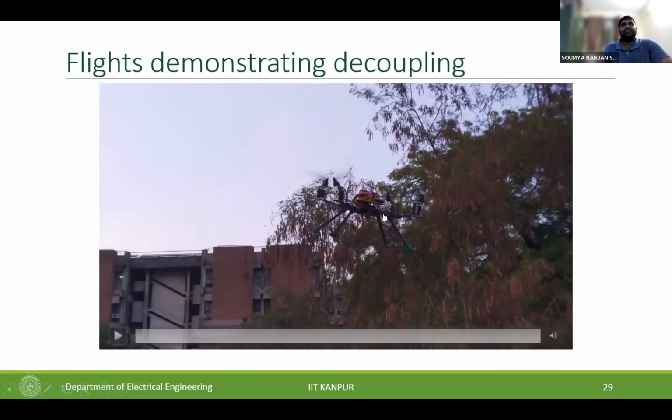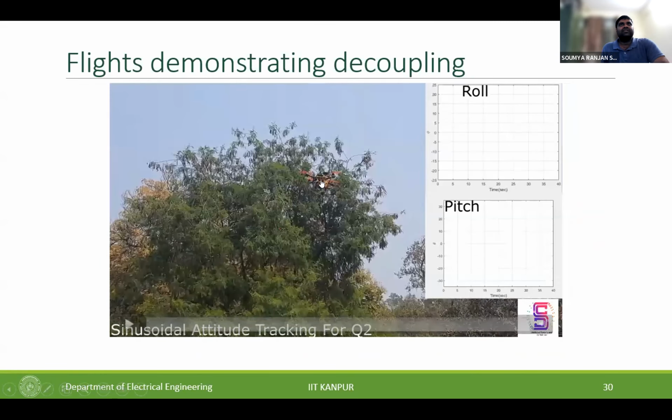So this is one that we had done with a quad with frames that are available. These frames are something like Lego kits, but made of aluminum, so you can make quads of different sizes. And this is the one that we had printed.